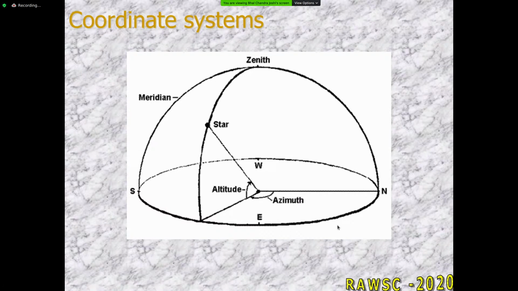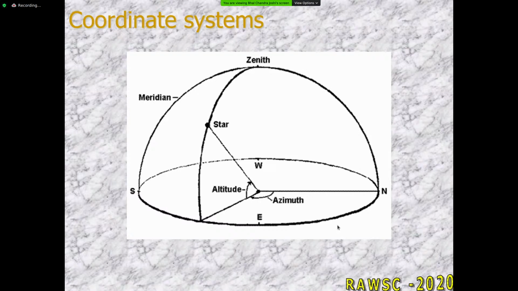If I give the alt azimuth of the star, they will not be able to locate it, right? Because the altitude keeps changing. The stars rise and set because of the Earth's rotation, as somebody correctly pointed out, and so does the azimuth. It also keeps changing as the star rises and sets. So this is the basic deficiency of this coordinate system.